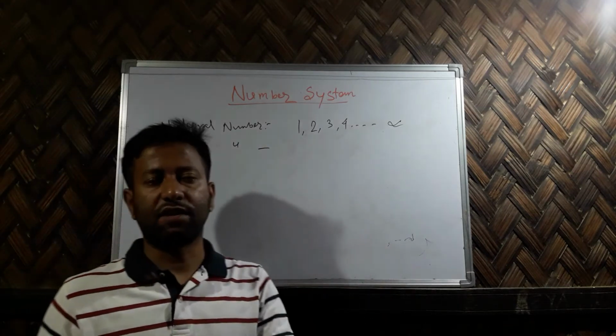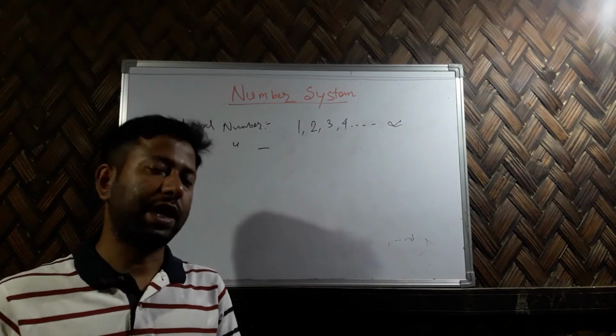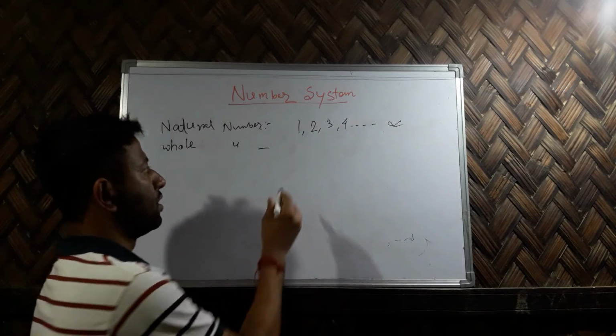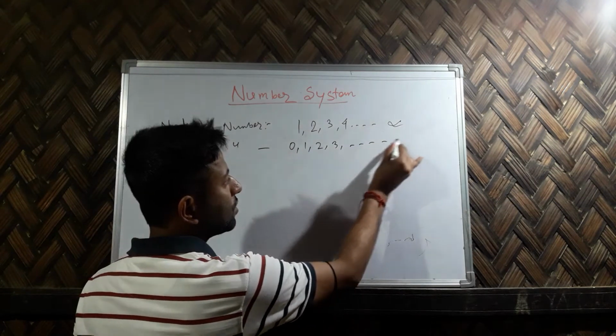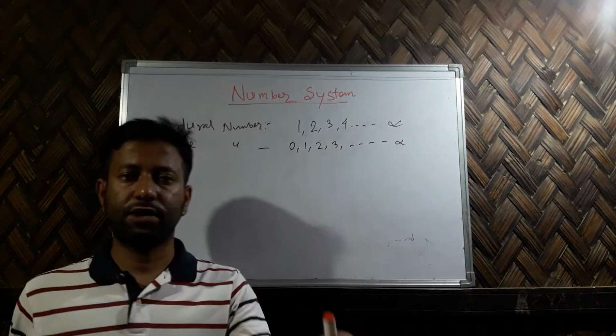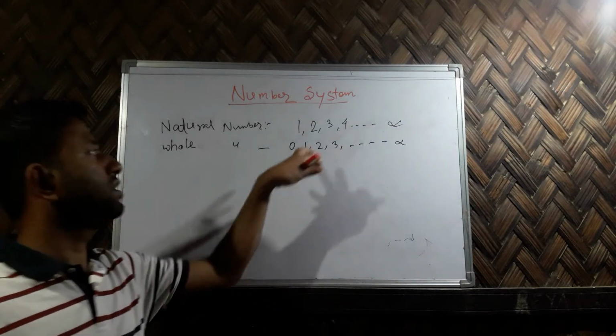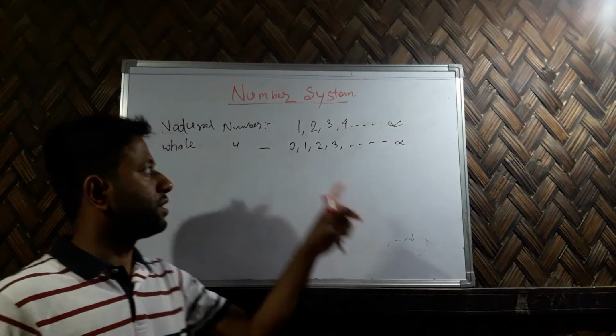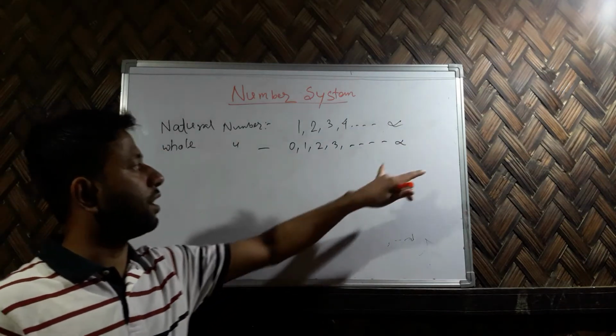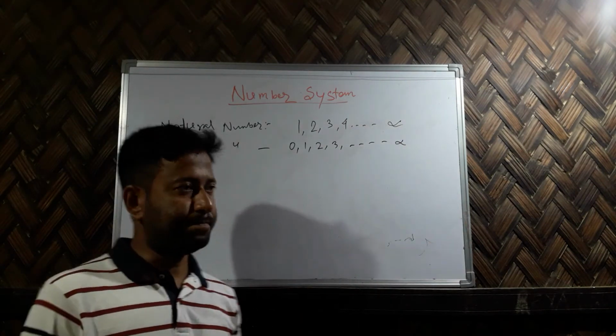Along with natural numbers, if we include 0, then the total set is known as whole numbers. That is 0, 1, 2, 3, dot dot dot, infinity. So what is the difference between natural numbers and whole numbers? In natural numbers, we start from 1 and go up to infinity. In the case of whole numbers, it starts from 0 and goes to infinity.